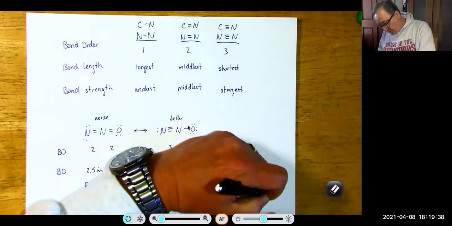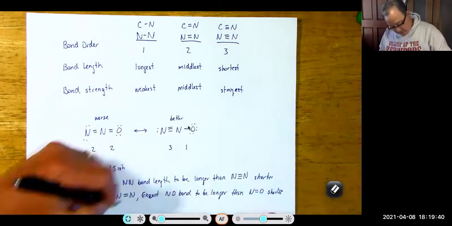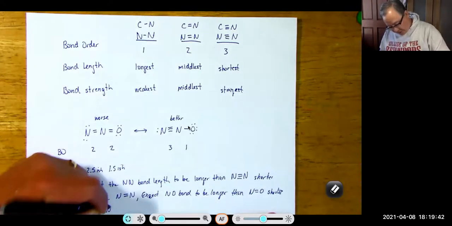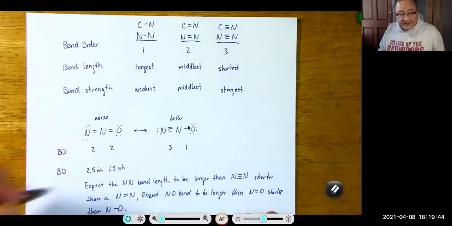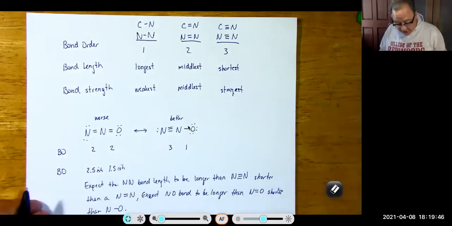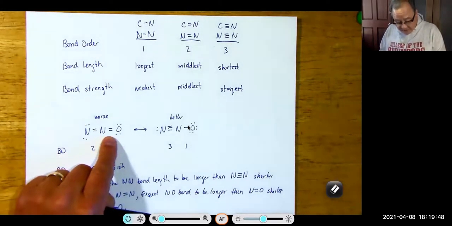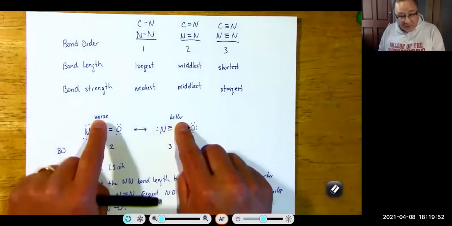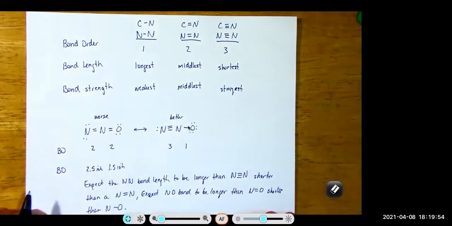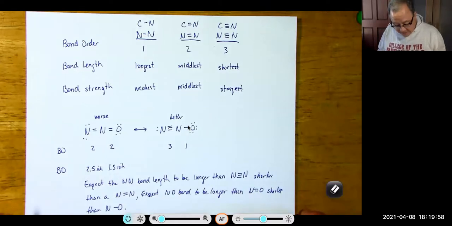And shorter than a nitrogen-oxygen single bond. And it is, but it turns out that it's actually closer to the double bond, which is kind of amazing if you think about it, because we say this one's better, this one's worse, right? It's actually closer to the double bond. I don't remember what the numbers are, but it's clearly closer to the double bond one.